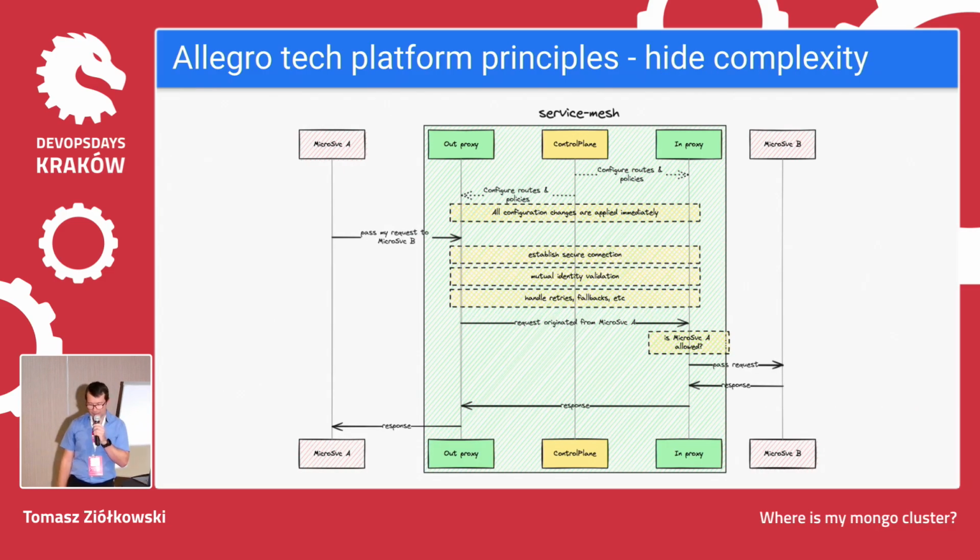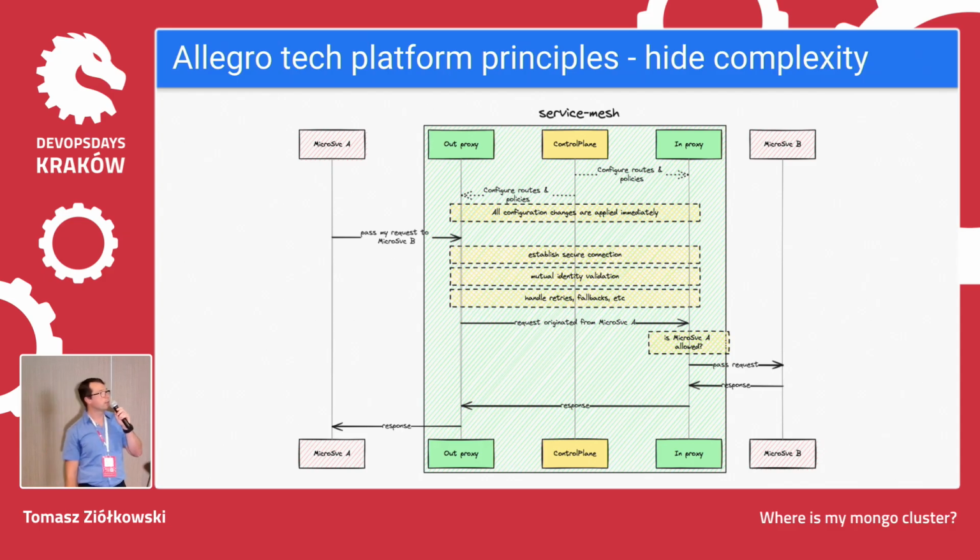And the last principle that we are trying to use is hiding the complexity before the microservice and before the developers. So here a good example is the service mesh. The service mesh is the part of our infrastructure that is involved in communication between microservices.